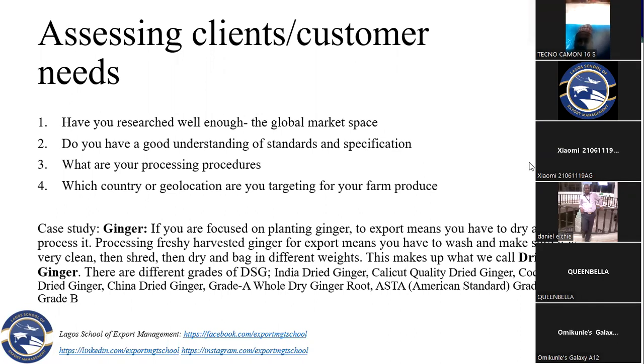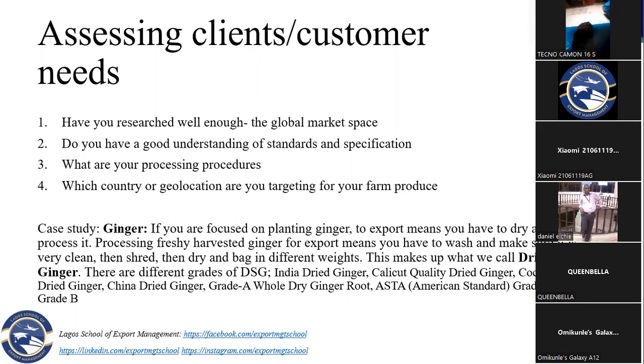Okay, so that means you have to shred the ginger so that it's going to be dried internally, every part of that ginger is going to be dried. It won't be like, oh, this part is wet, that part is dried. And when you are washing your ginger, don't use chemical to wash it because you want it to be white, because you want it to be clean. No, let it come out with its own color.